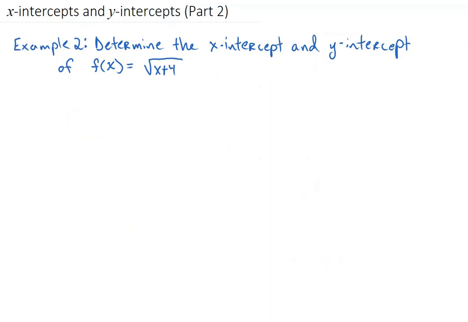Let's find the x- and y-intercepts for the function f of x equals the square root of x plus 4. The x-intercept with these function ones is always going to be the more complicated one. We're going to let y equal 0 for the x-intercept, and for the y-intercept, we're going to let x equal 0.